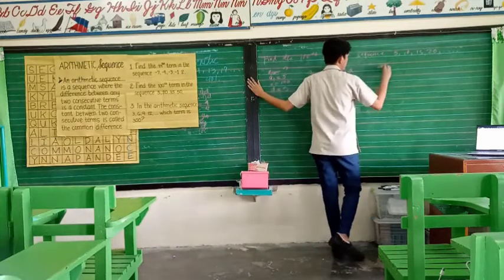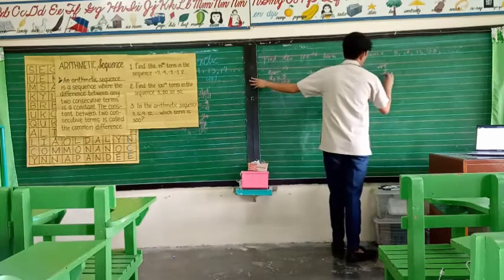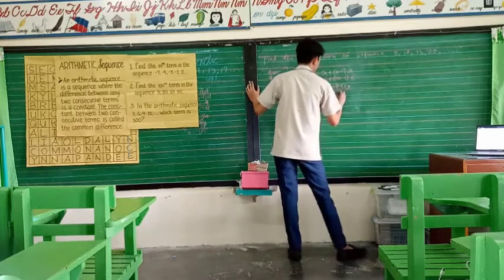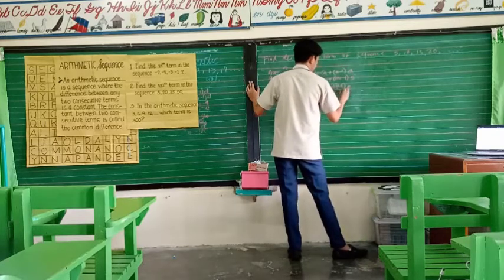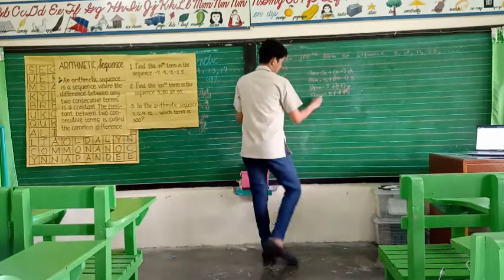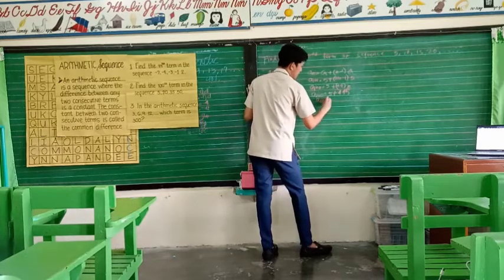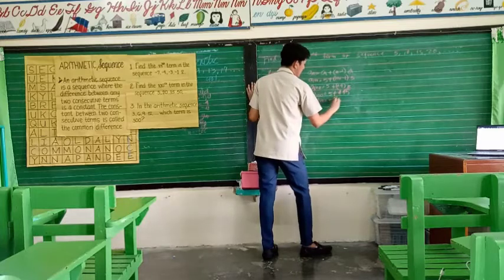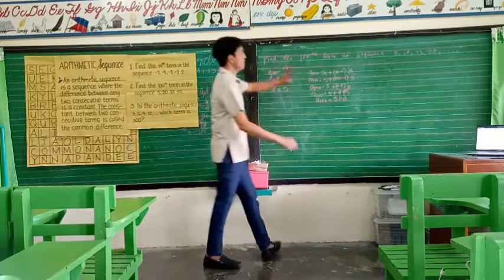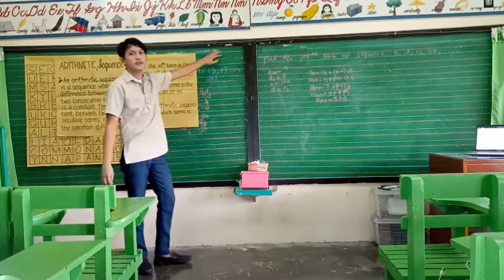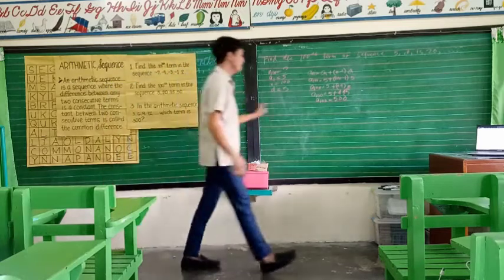So 99 times 5 is 495, sir. 495. So we have to add it. So a sub 100 is equal to 500. So what is the 100th term of this sequence? 500, sir. Okay, very good.